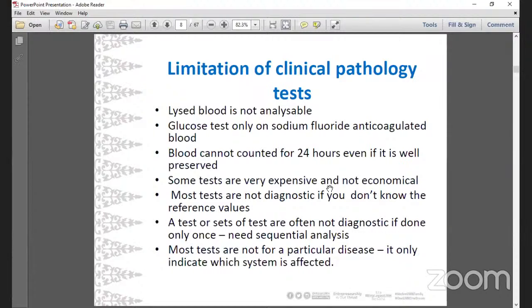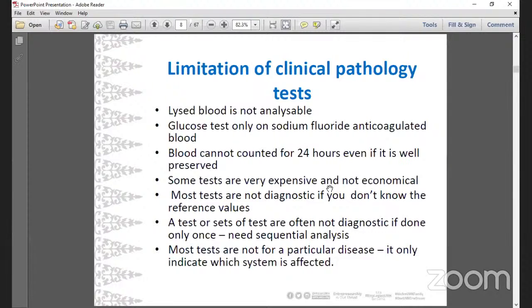For example, if you want to diagnose a kidney disease or liver disease, then we have to do a sequential analysis. We have to do repeated sampling so that we can get a clear image of the progression of the disease.